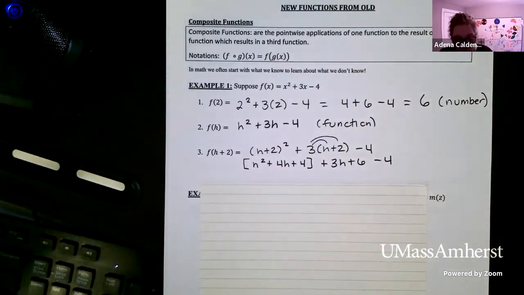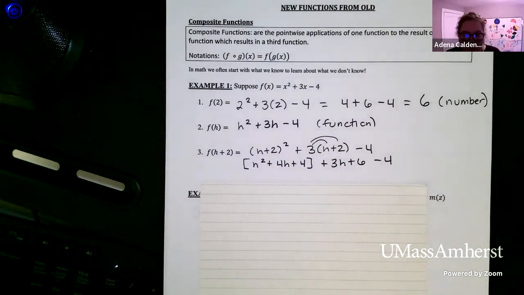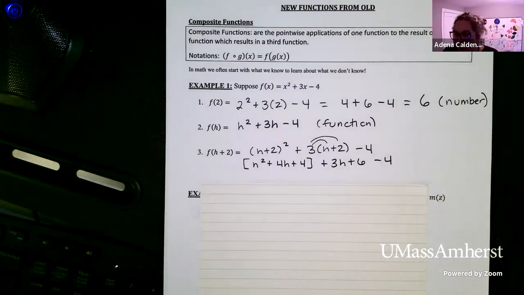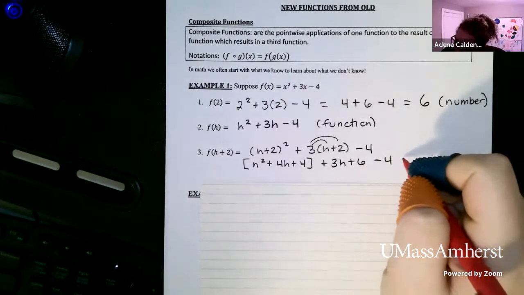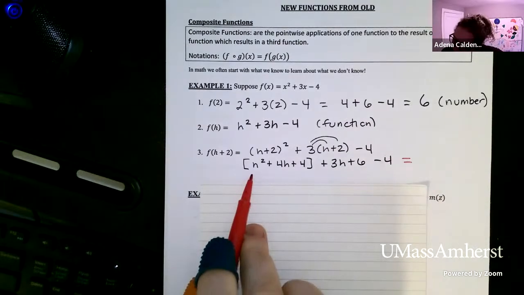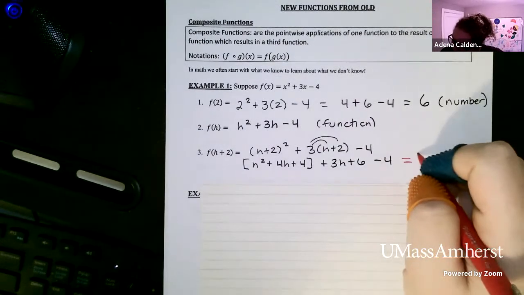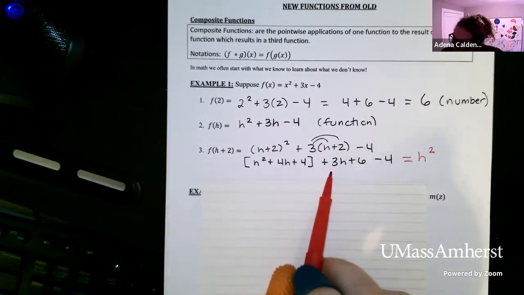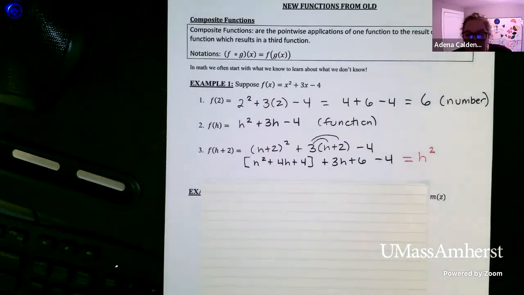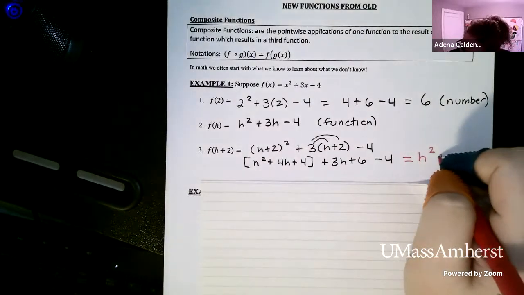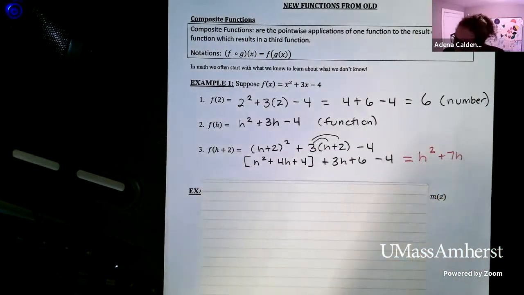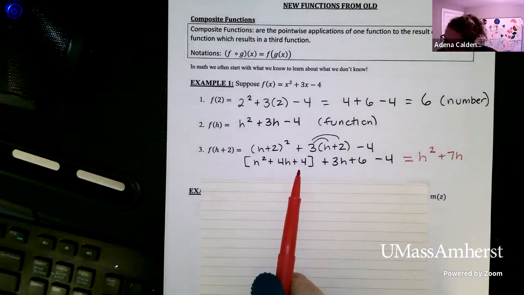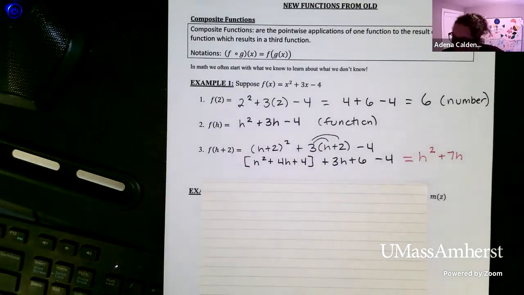So now we can combine like terms now that we've squared everything out. There's only one h squared term. And then we have a 4h and a 3h. So 4h plus 3h gives me plus 7h. And then for my constants, I have 4 plus 6 minus 4.